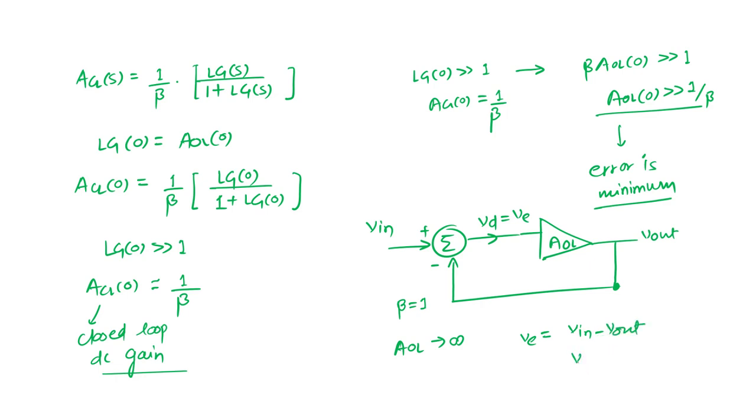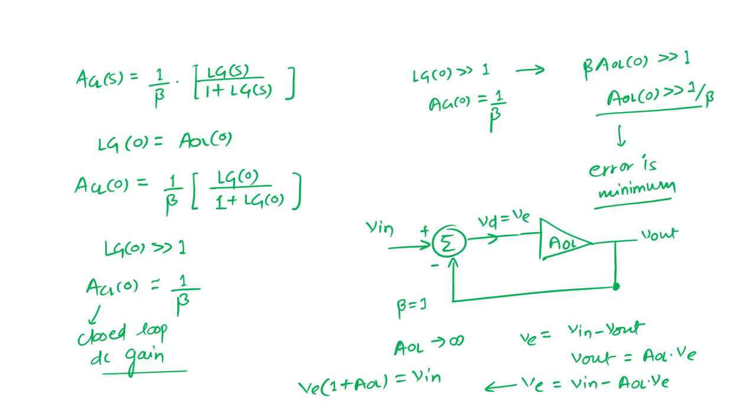And V out is nothing but AOL times V error. So the error is V in minus AOL times V error. From here, we can write that V error, or the difference voltage, is V in divided by 1 plus AOL.